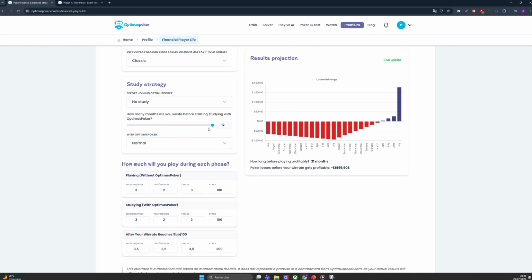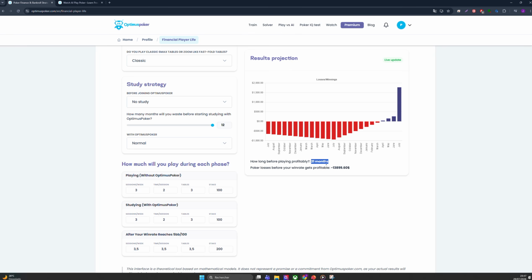So the first mistake is that this guy is too slow, the very first one we profiled here. It takes him 12 months before understanding that he should start learning, and these 12 months he's basically going to waste his time. In the end, with this scenario, it's going to take him 21 months before becoming a break-even player.